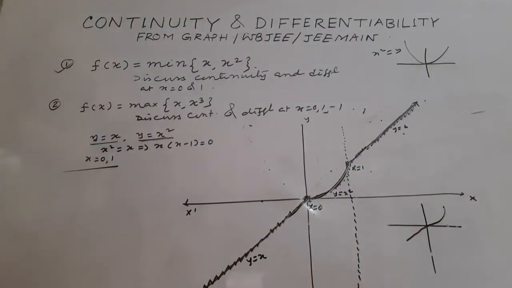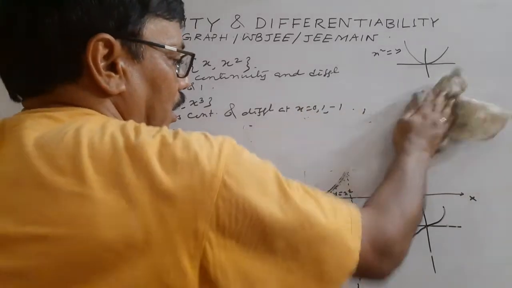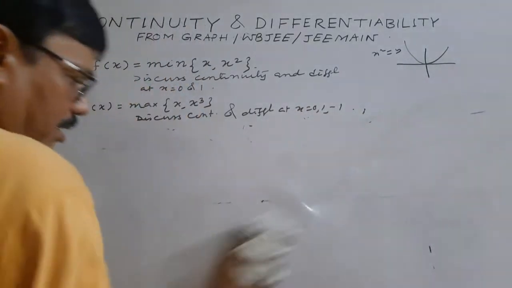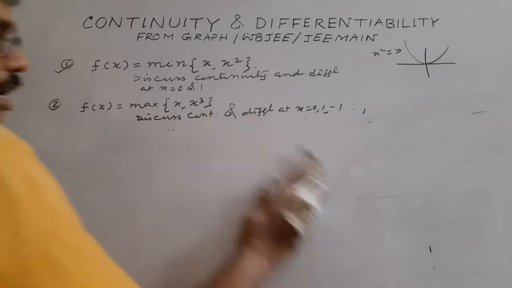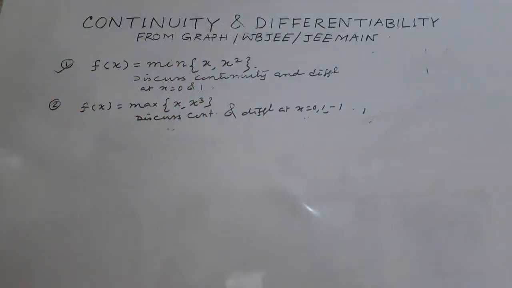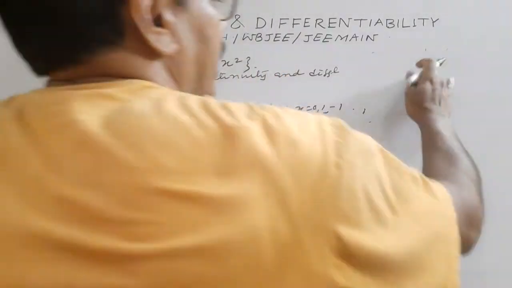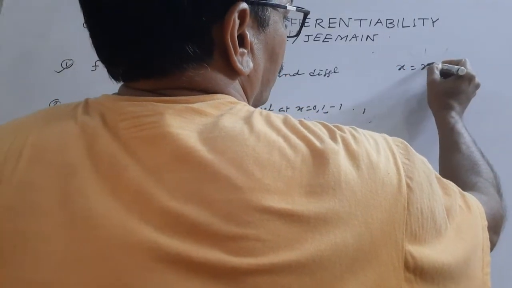Now the second one. So we need the basic idea of the graph of a function. Now f of x equals maximum of x, x cube.